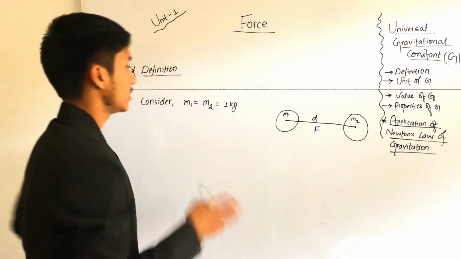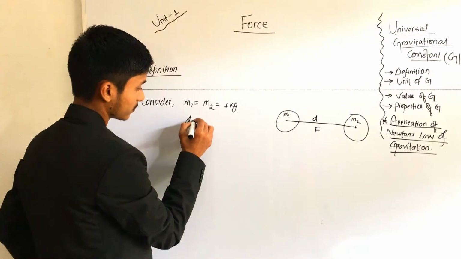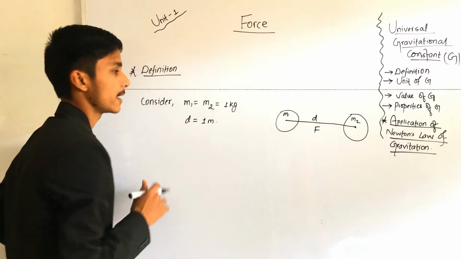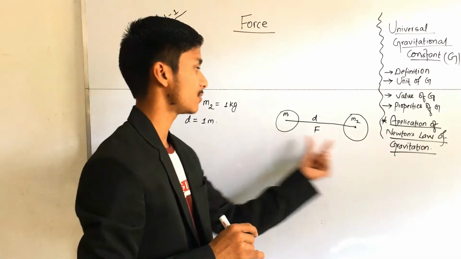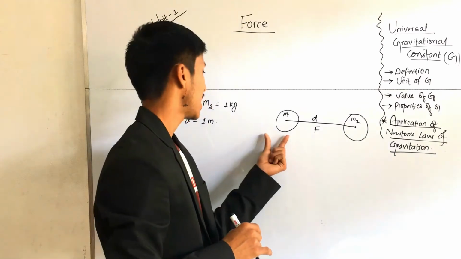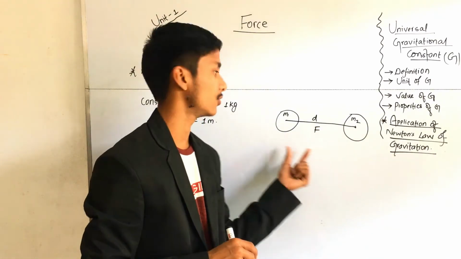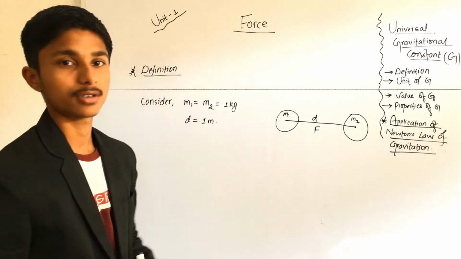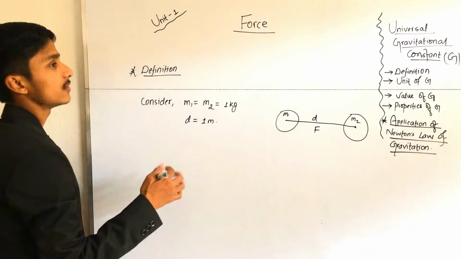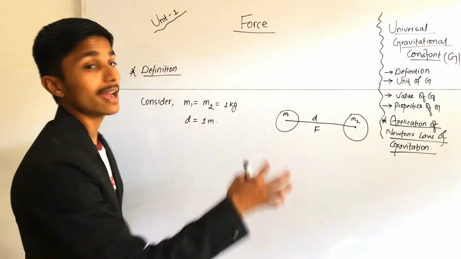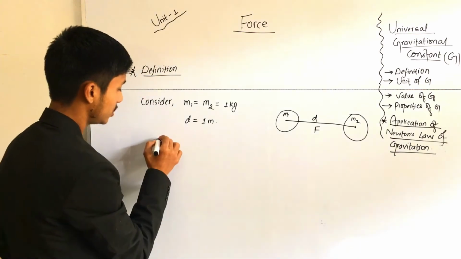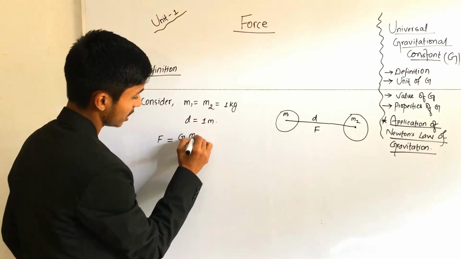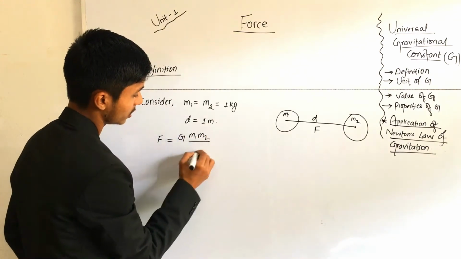And the distance also be 1 meter. There are two unit masses, meaning having the same unit value, separated by unit distance, that is 1 meter. Now we use the formula of gravitational force, F is equal to G m1 m2 by d square.